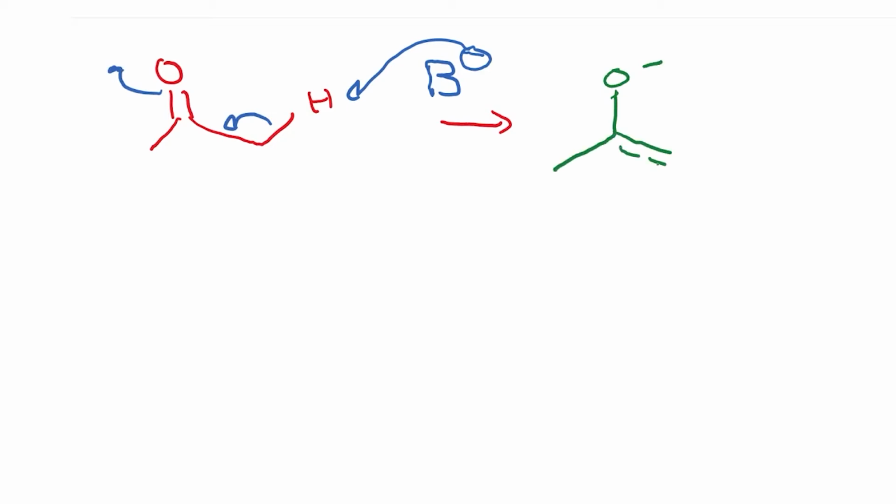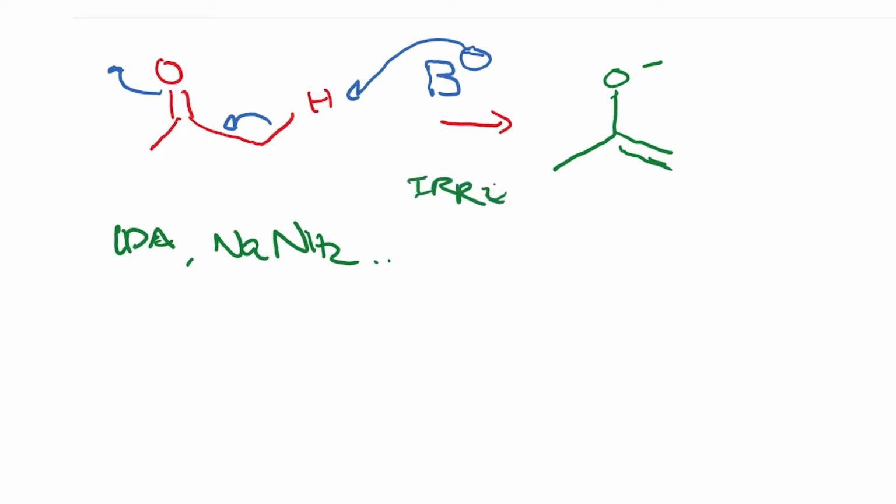Now, one important point here is that when we add a strong base such as LDA, NaNH2, and butyl lithiums, these are quite strong bases, and they make this an irreversible process.